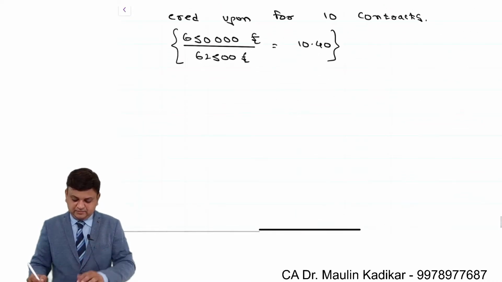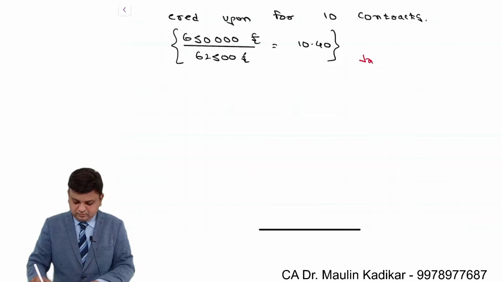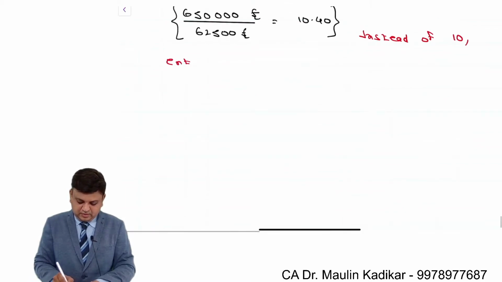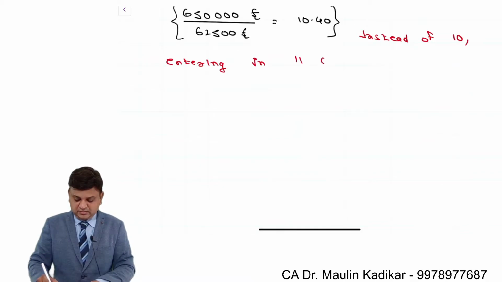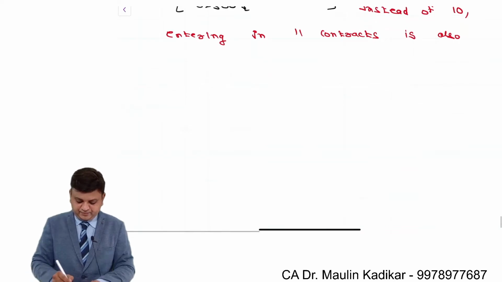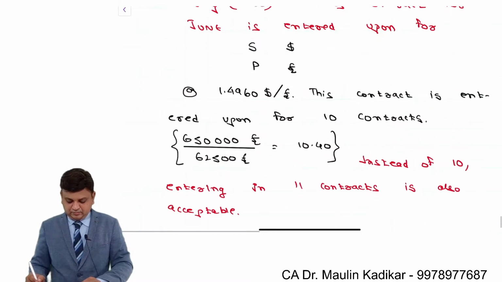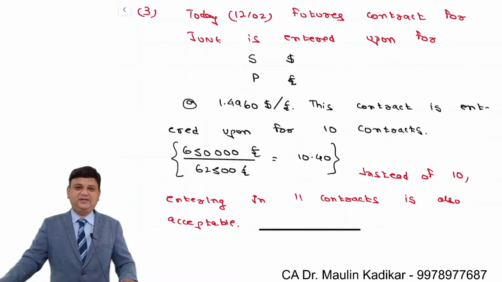In that write down further, instead of 10, entering into 11 contracts is also acceptable. Full stop. This is what we understand.